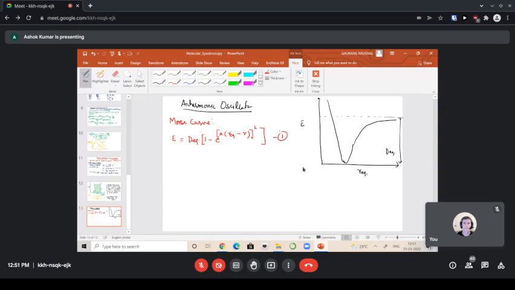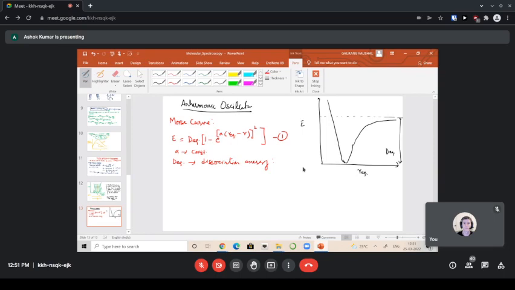So this a is a constant, and D equilibrium is the dissociation energy basically. That is the energy of dissociation of the molecule into respective atoms.